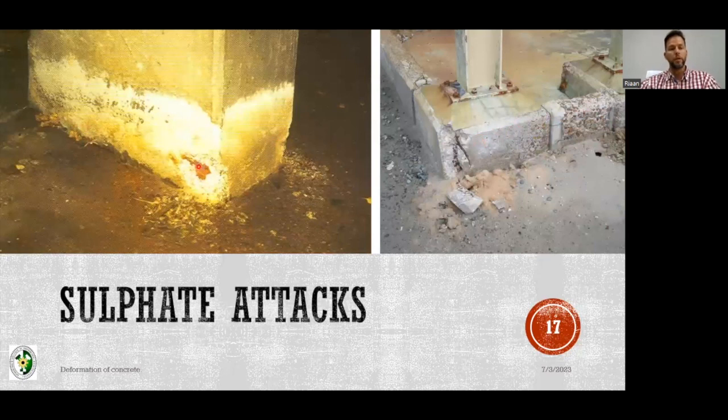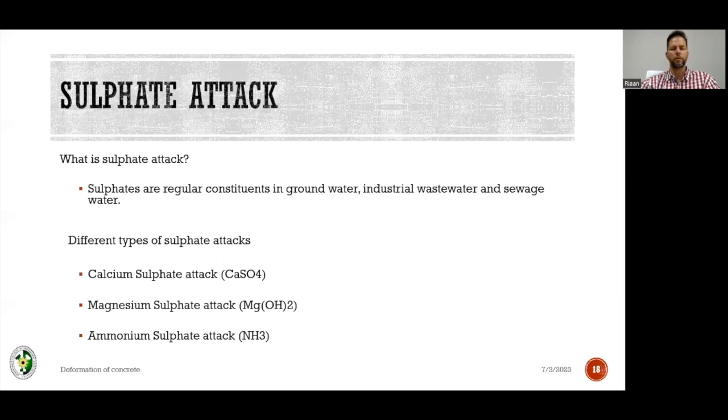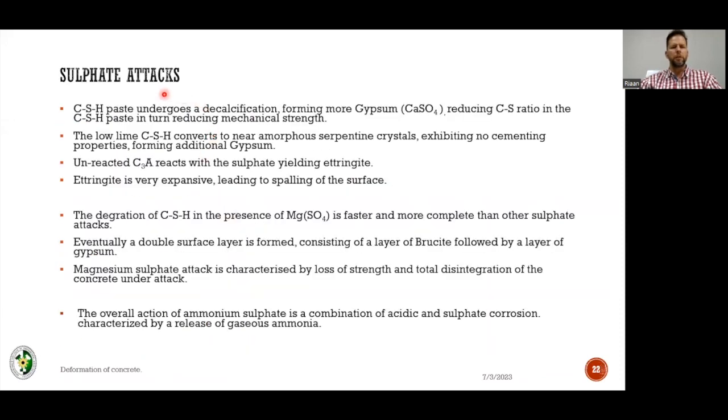You end up seeing your reinforcement. During sulfate attack, your CSH paste undergoes decalcification, forming more gypsum, reducing the C/S ratio in the CSH paste, in turn reducing mechanical strength. That's what we don't want to hear. The low-lime CSH converts to near-amorphous serpentine crystals, exhibiting no cementing properties, forming additional gypsum. So it just gets worse.